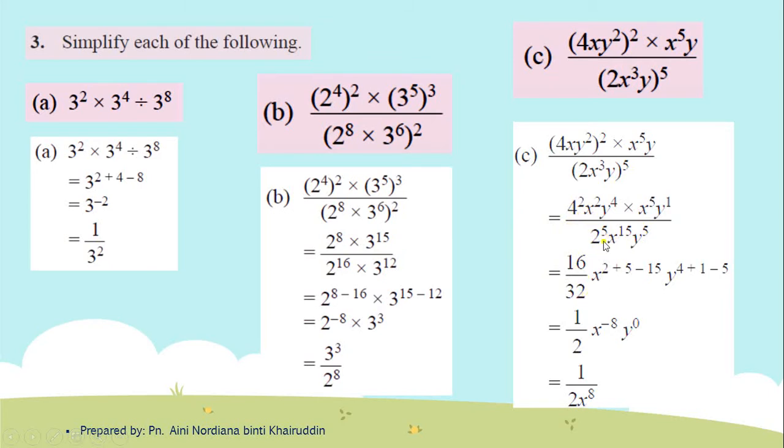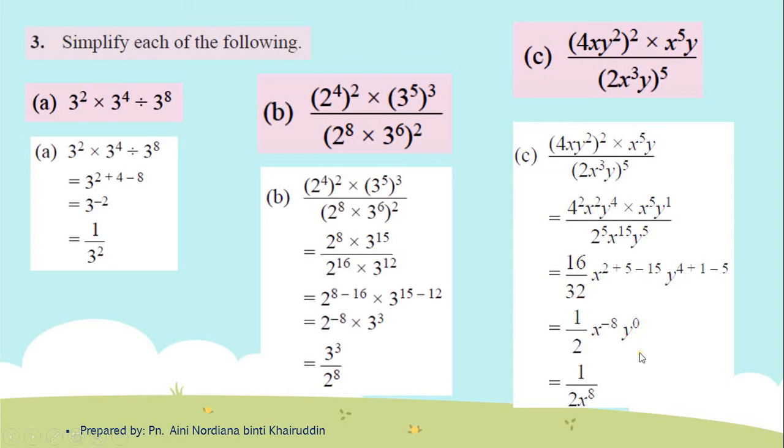Then x to the power of 2 plus 5 minus 15. For y, 4 plus 1 minus 5 here. Then 16 over 32 is 1 over 2. X to the power of negative 8. Y to the power of 0.